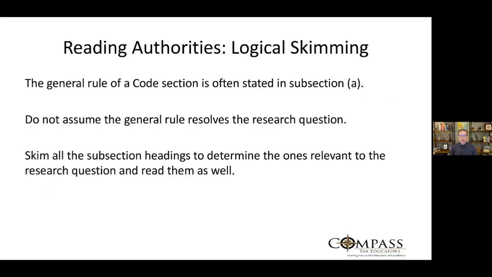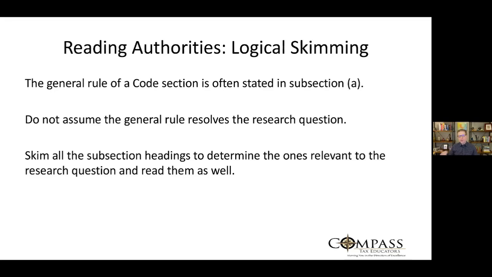So the first strategy I want to give you is something called logical skimming. Logical skimming is a way where you can take a look at the code section and get an idea of it without actually reading every line.